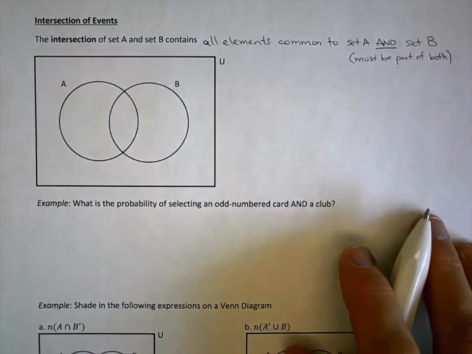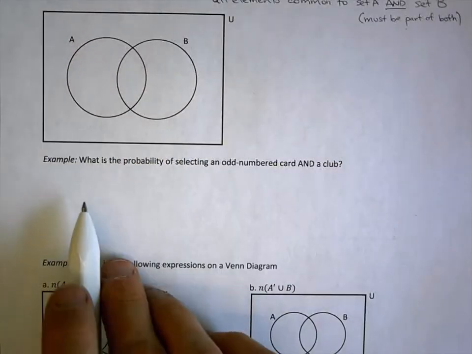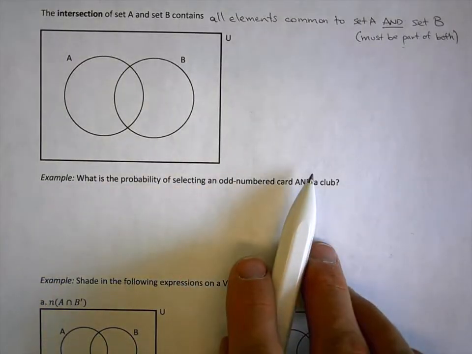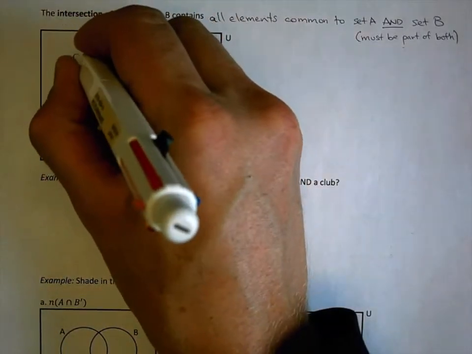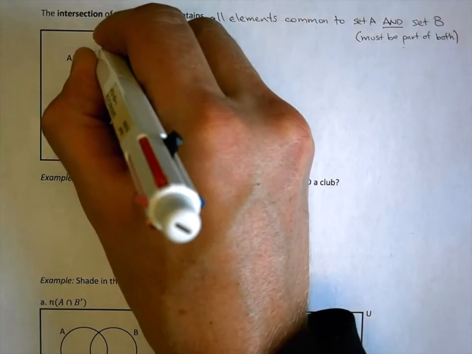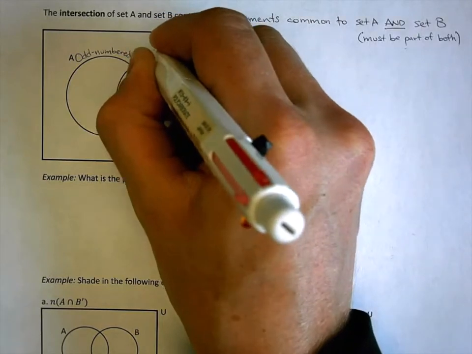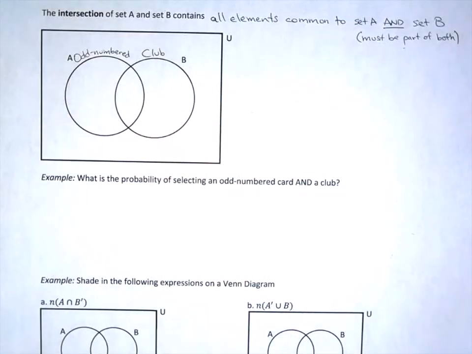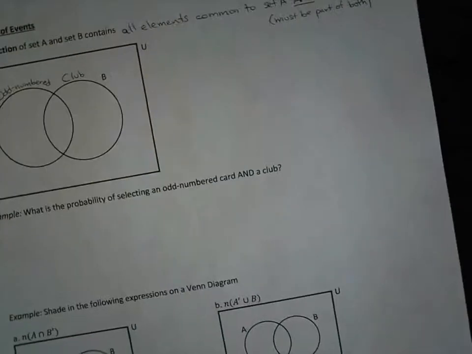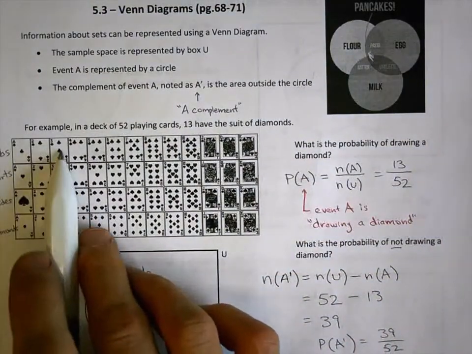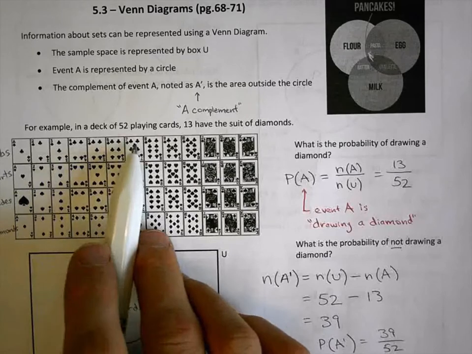Okay, let's look at this example here. What is the probability of selecting an odd numbered card and a club? So our two events are odd numbered and club. Odd numbered: ace, 3, 5, 7, 9.